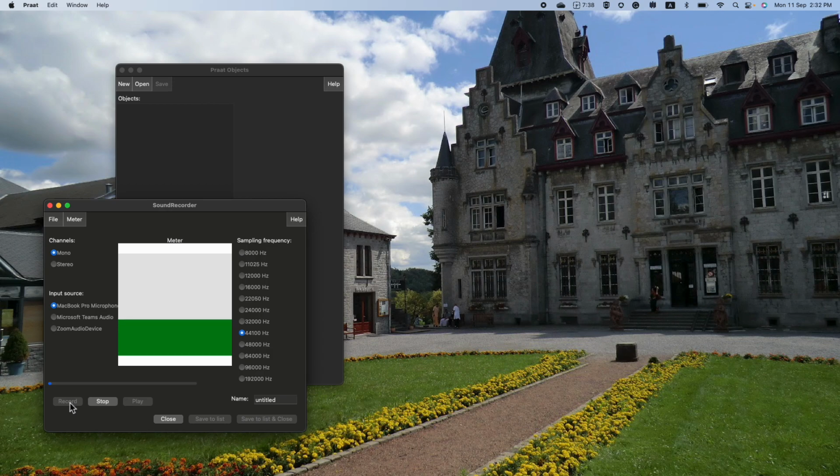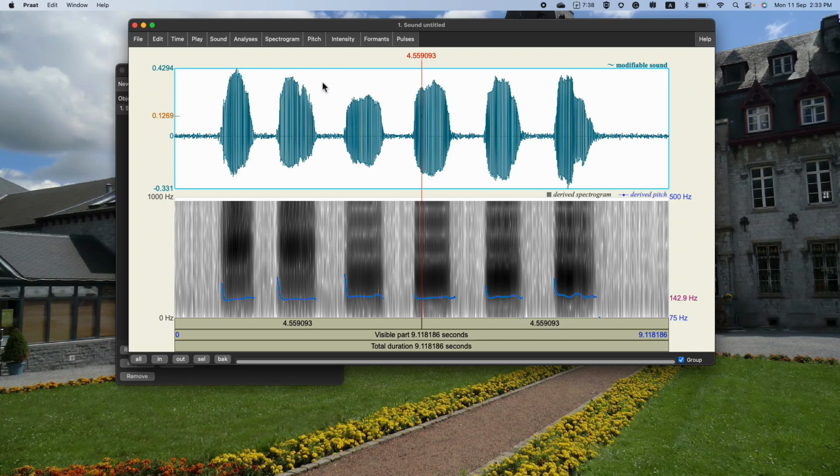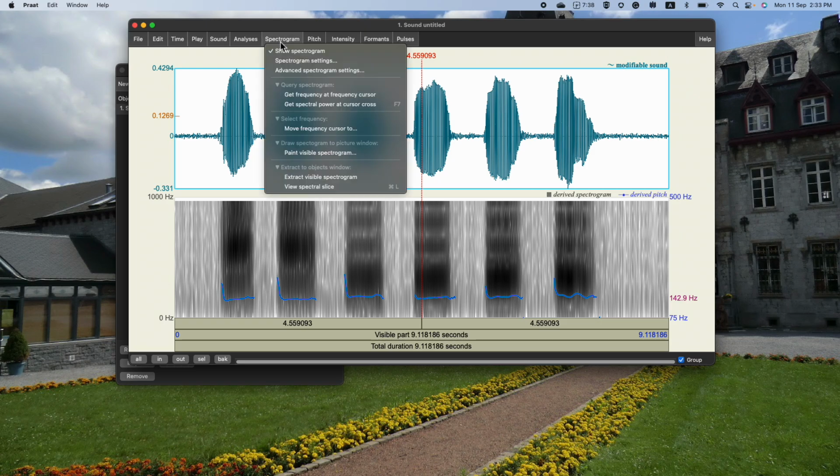A, E, U. I made two recordings just so that if something goes wrong. Spectrogram.